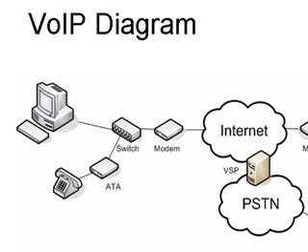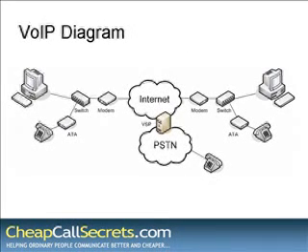How do you make VoIP calls? You make VoIP to VoIP. That means you call another VoIP account. It's similar whether they're using a computer or they're using an ATA. It's basically free, so you can make free calls between VoIP and VoIP.